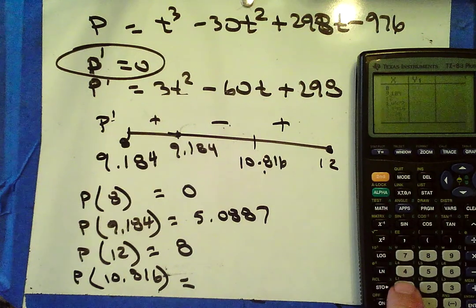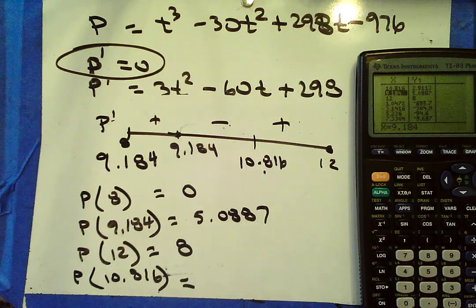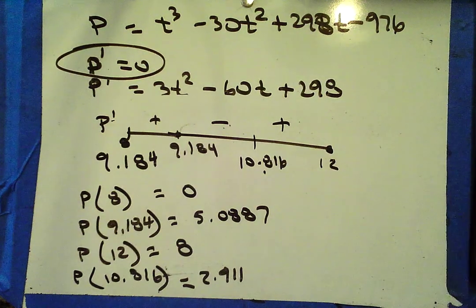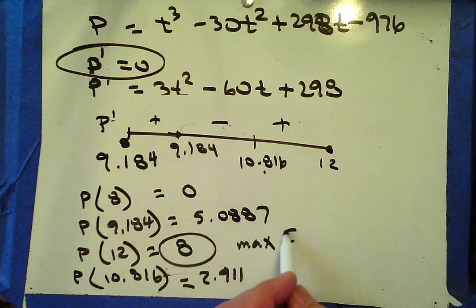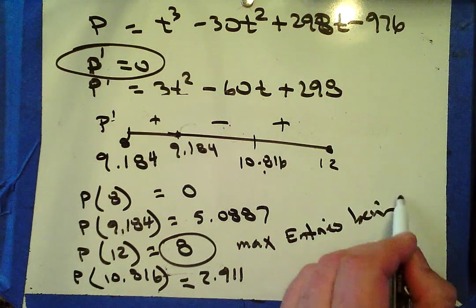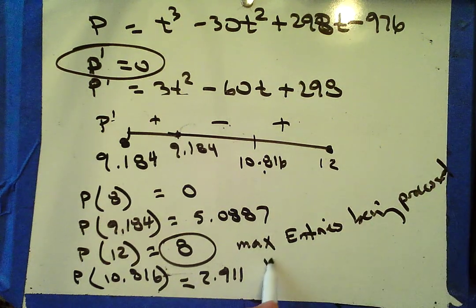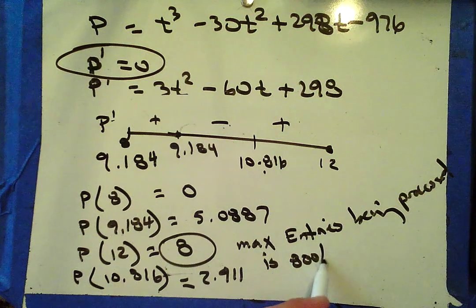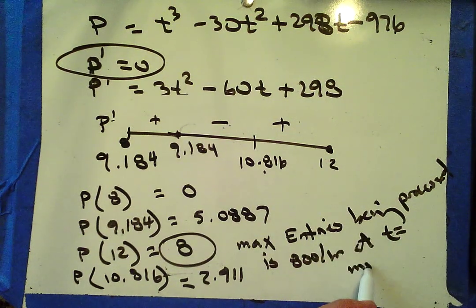Then I go over to my table and I type in 10.816 and I end up with 2.911. So I see the maximum occurs, max entries being processed is 800 per hour at t equals midnight.